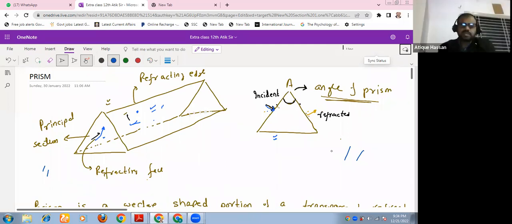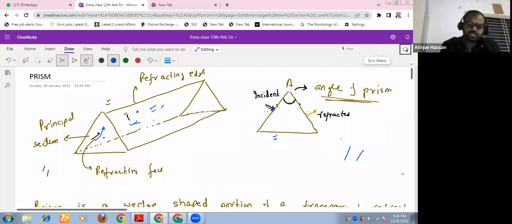Yes, actually it is a transparent medium in between two surfaces which are inclined at some angle.